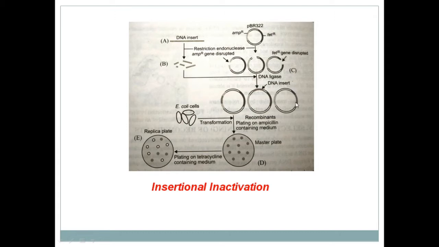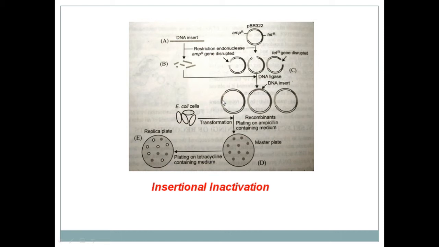That means if the DNA molecule is inserted into the tetracycline gene, then that bacteria will not grow here. Or if we grow these bacteria on ampicillin, then only those bacteria will grow which have these two combinations of the vector or recombinant DNA molecule. The bacteria which has the gene inserted in the ampicillin resistance gene will not grow.